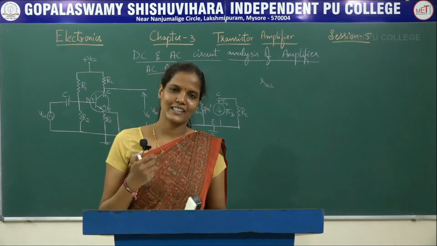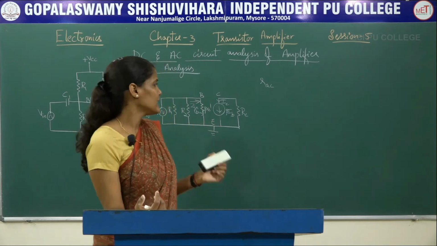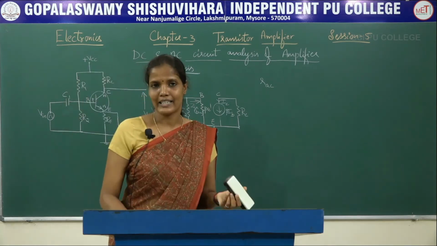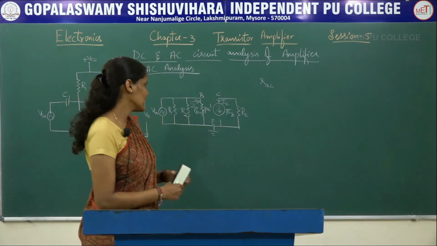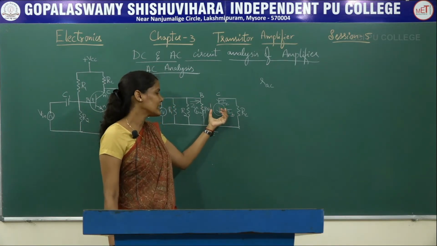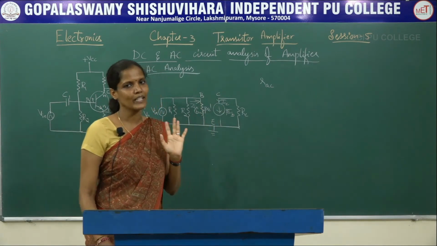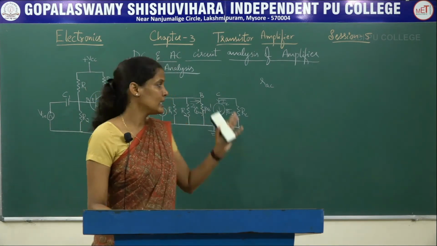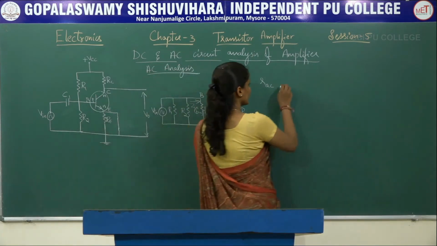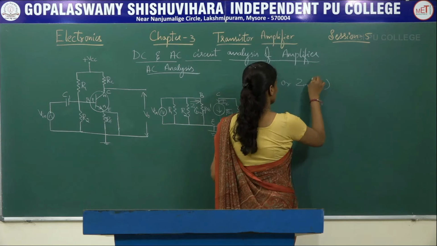This RAC is nothing but the resistance offered by the emitter diode, and the collector diode acts like a current source as usual. Here, for the collector diode we have drawn a current source. This RAC can also be called the Zin base.